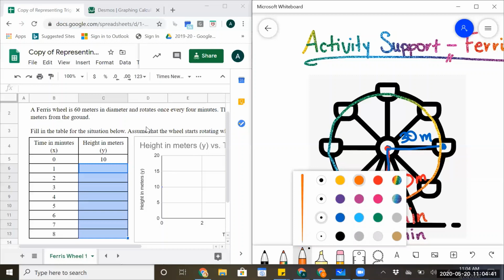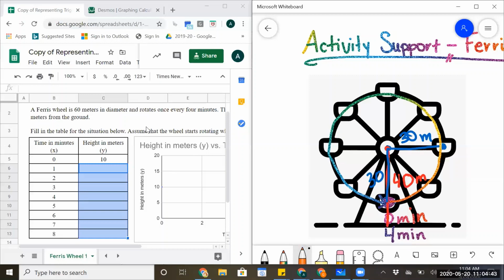We're making this conclusion that right here, this height off the ground, obviously I can't get on the Ferris wheel and be starting on the ground. The little box or cubby is usually a little off. We're 10 meters above. And really I just found that by visualizing the 40 meters and then subtracting the radius, 30 meters, to find the leftover distance.